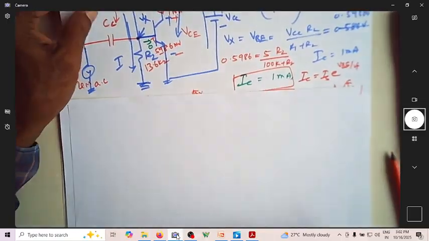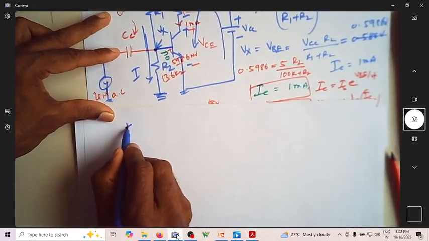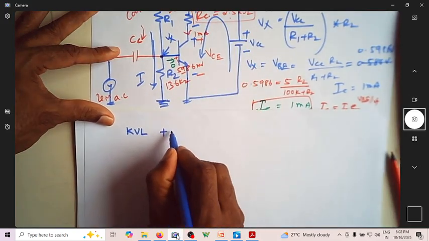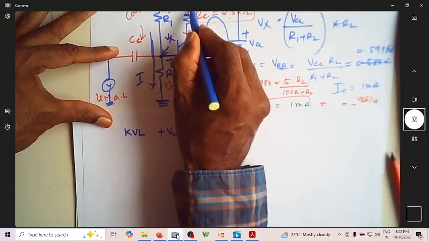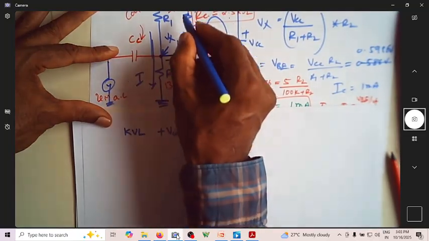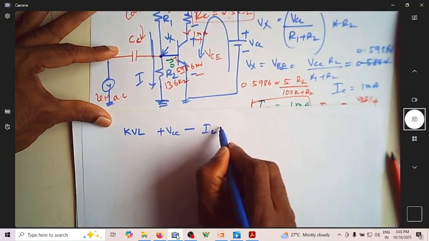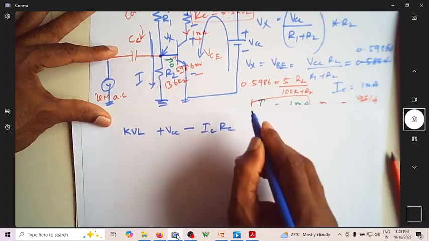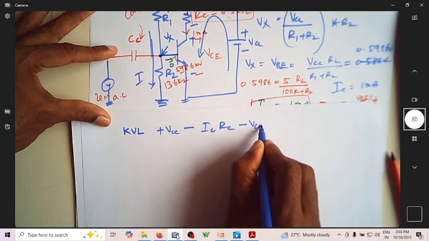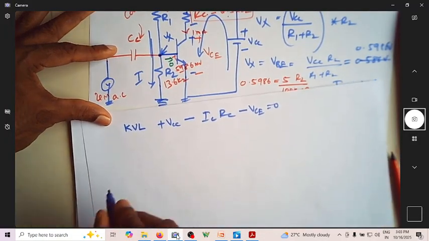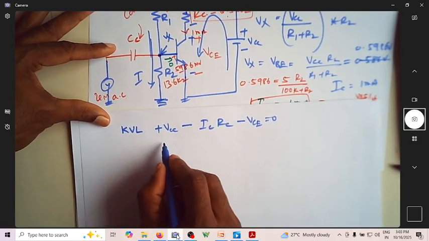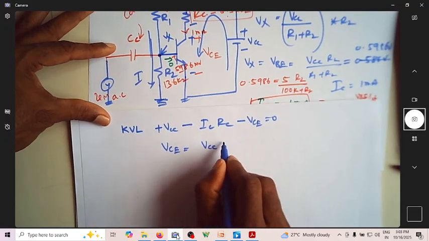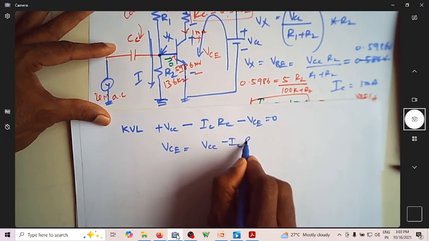So what is the KVL expression? This is voltage rise, so it is plus VCC. There is a voltage drop, minus IC into RC. Then again a voltage drop, minus VCE, is equal to 0. So now I want to know what VCE is. VCE is equal to VCC minus ICRC.